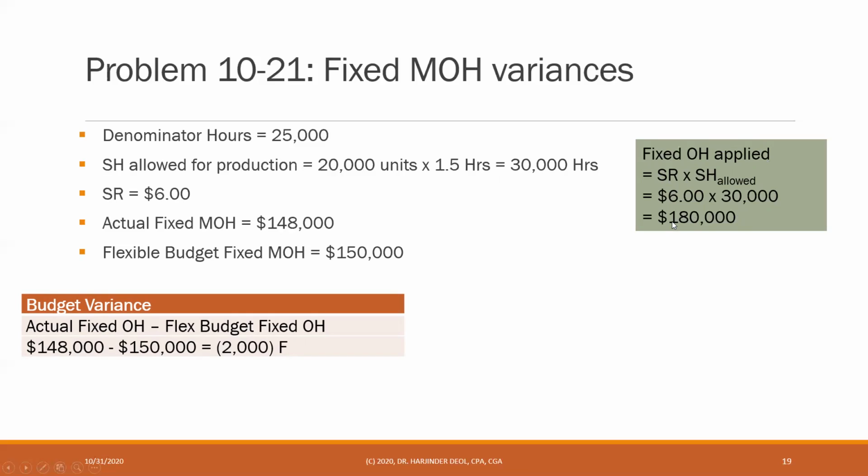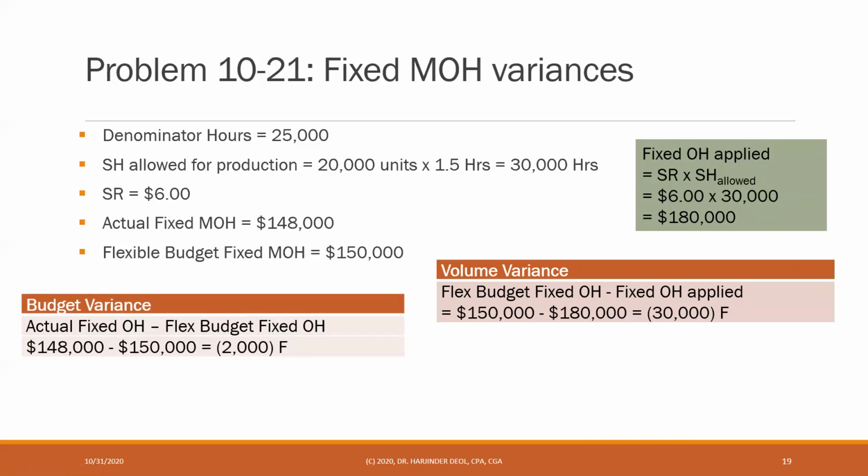So when we calculate the volume variance, the fixed manufacturing overhead budget is $150,000, and the fixed manufacturing overhead that's applied to work in process, 180,000, that difference will be a favorable volume variance, $30,000 favorable.